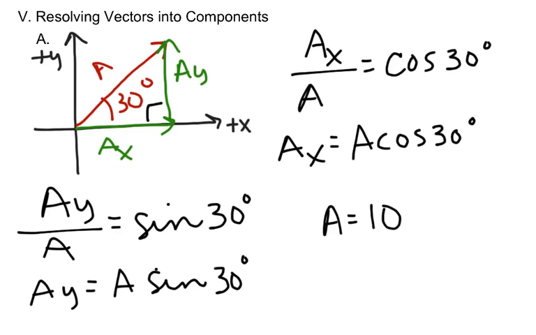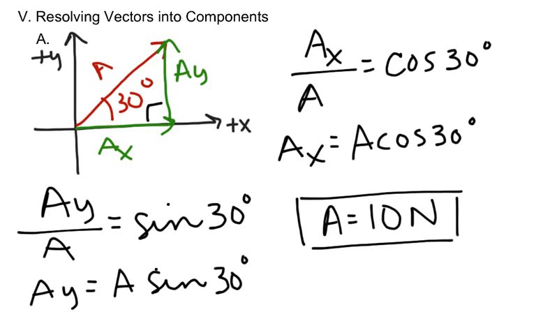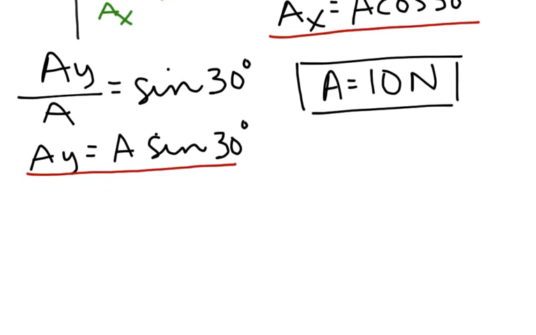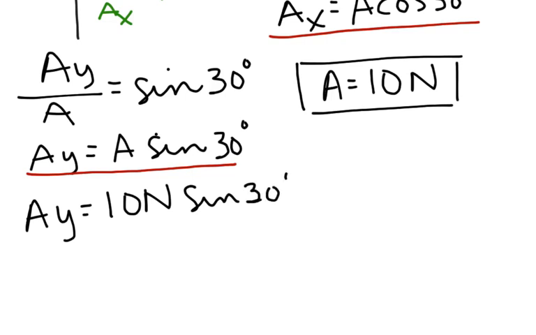Now, let's say I had a value for A. Let's say A was a value of 10 newtons. If A had a value of 10 newtons, then what is A sub x and what is A sub y? Let's do that right now. We'll do A sub y first. That's going to be 10 newtons times sine of 30 degrees. Make sure your calculator is in degrees.